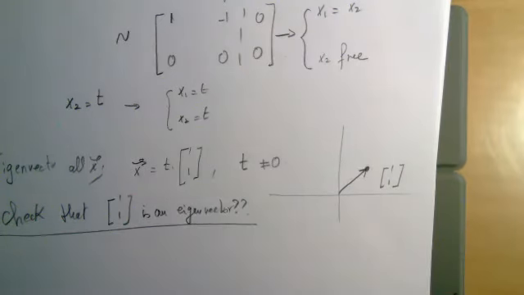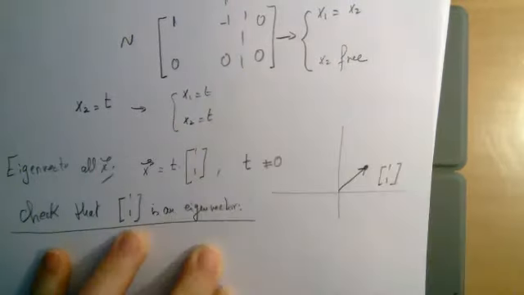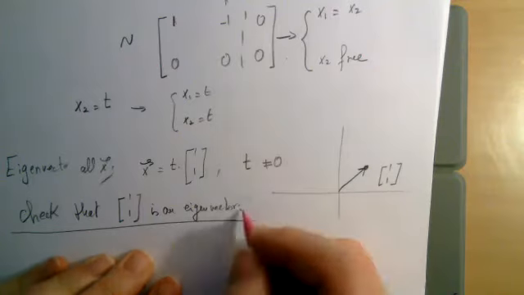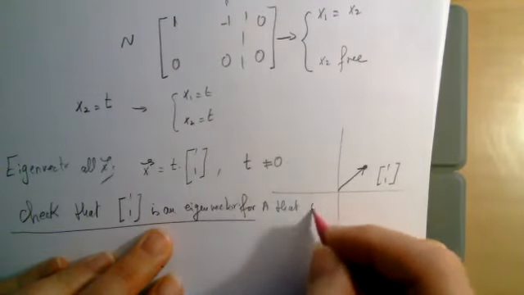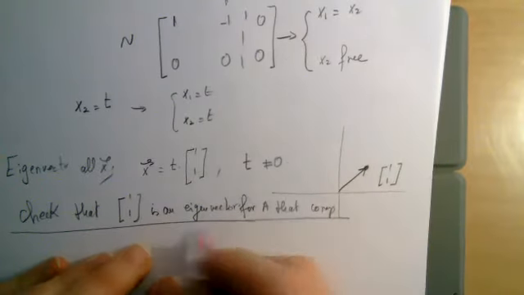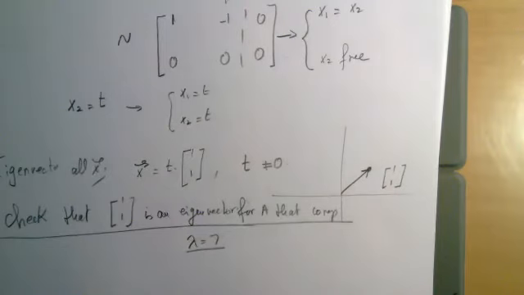I want you to be able to connect the dots a little bit. So check that (1, 1) is an eigenvector for A that corresponds to lambda equal 7. What would you do?